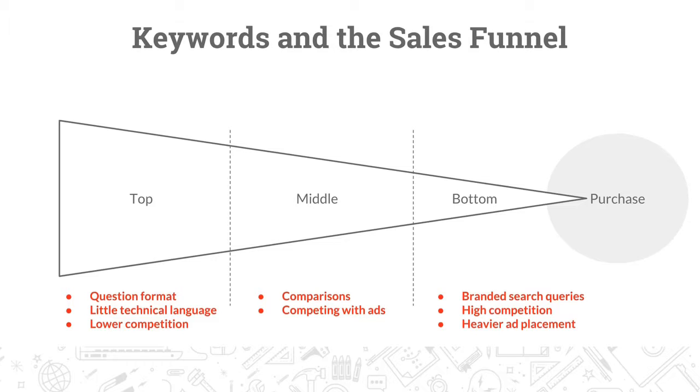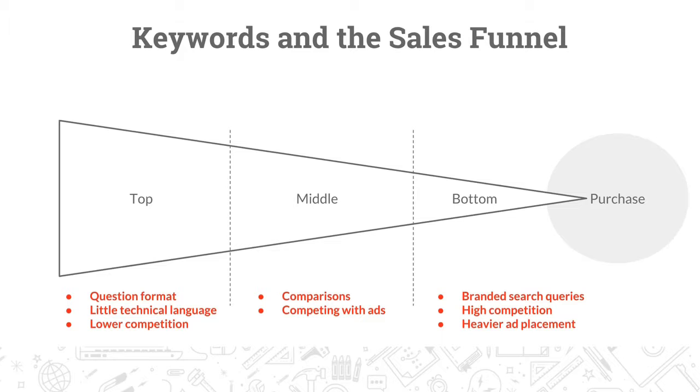So if you're in a highly technical field, the kinds of queries that people are using as they're trying to learn about their problem are not going to use the correct technical language. And there tends to be lower competition in the top of the funnel queries. You're not going to see a lot of ads because it's harder to target those people with such broad types of queries.